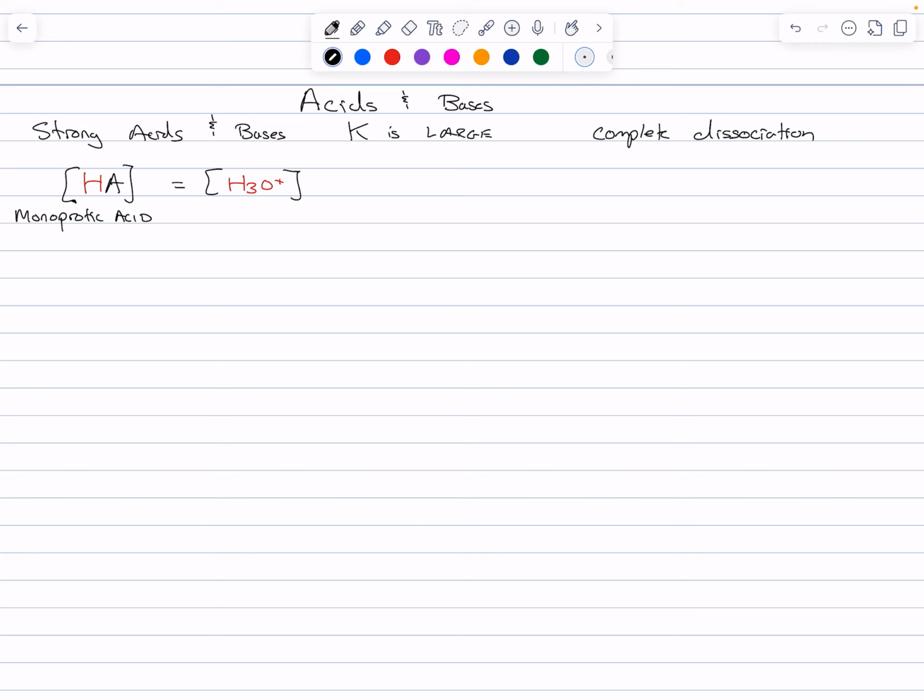All right, what do I mean? Think about it like if you had hydroiodic acid, HI. If you had a 1.0 molar solution, what we're going to assume is that we have 100%, or very, very close, enough that we can't measure otherwise, to get to H plus and I minus.